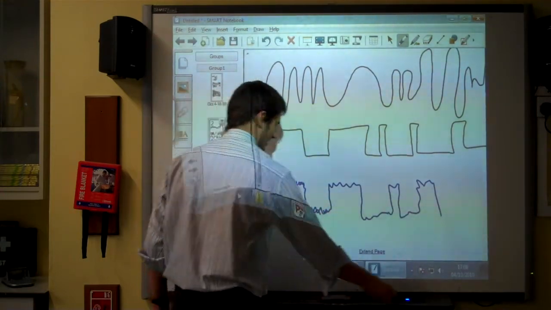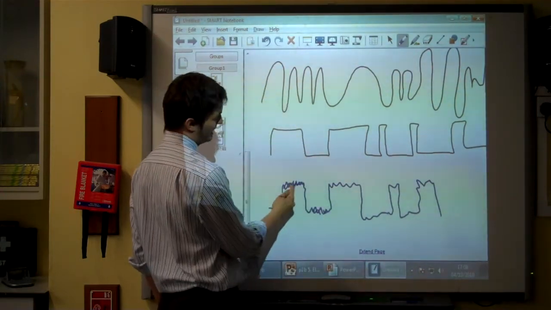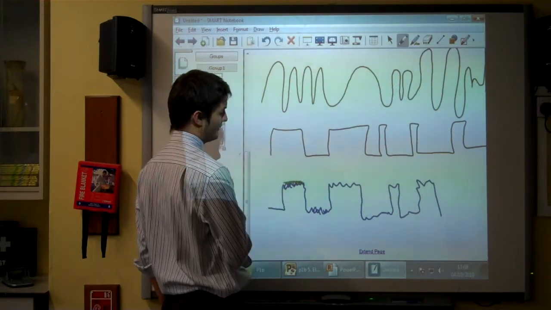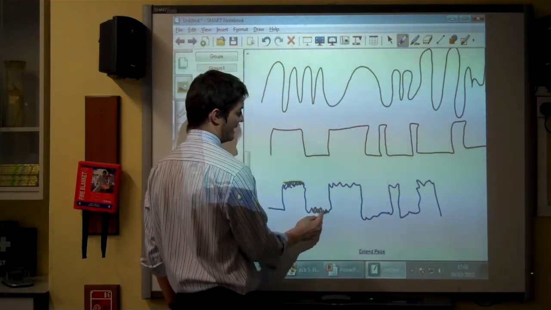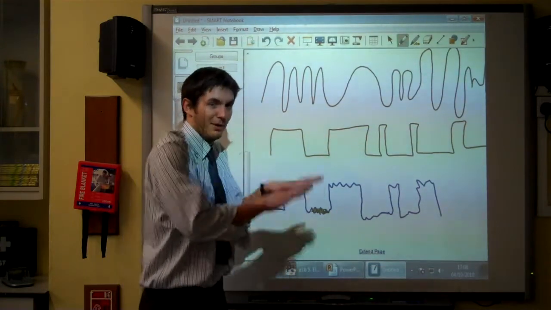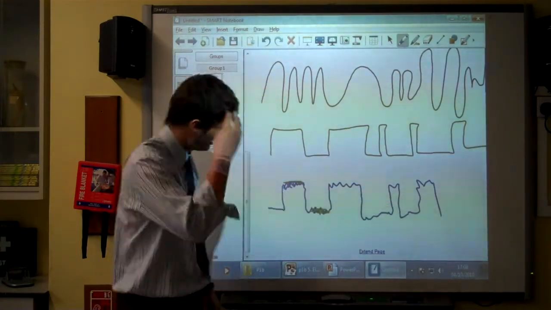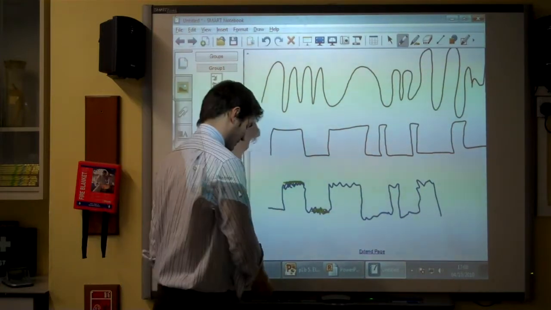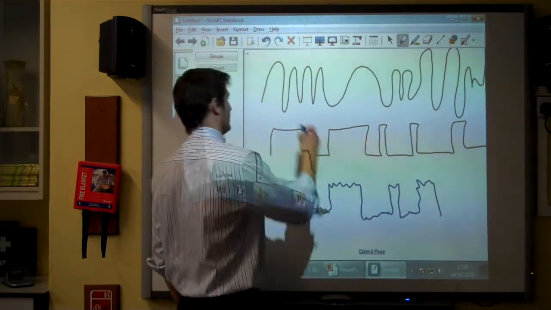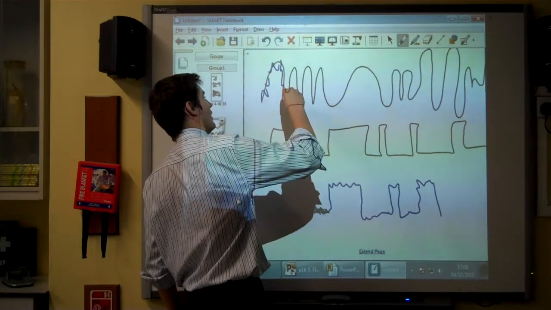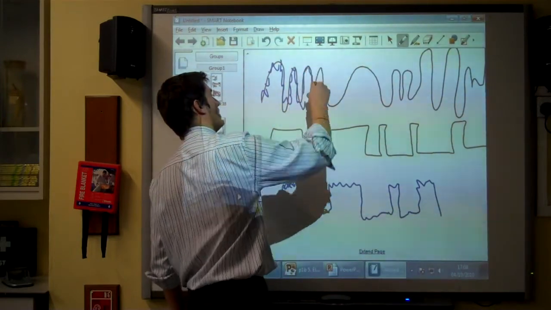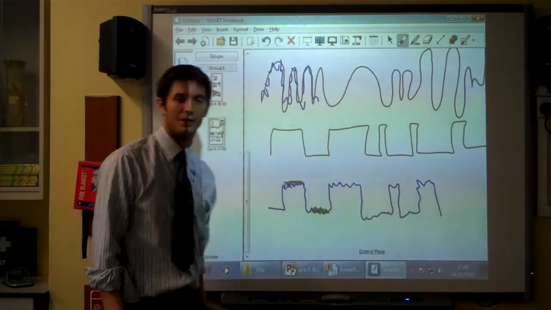But a regenerator just needs to look at that and say, well, this bit here is obviously a high, and this bit here is obviously a low, despite the fact that it's going up and down a little bit and the signal is a bit noisy. You can still tell which is which. Whereas with an analog signal, once it gets noise on it, there's no way of picking out what the original signal was.